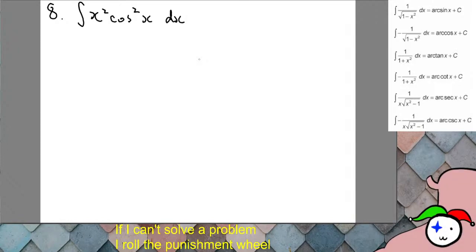And just use chain... so cos squared, you can write it as 1 minus sine squared. That gives you x squared minus x squared sine squared x. Or x squared times 1 minus sine squared x.